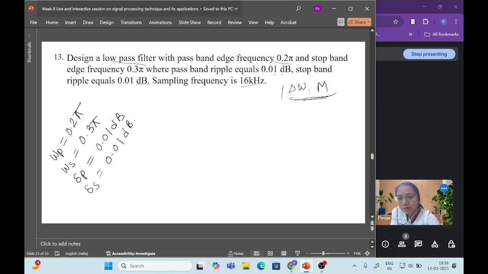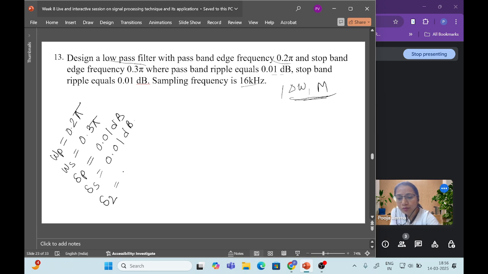Now we need to determine the peak of the stop band ripple, also called del 2 or del s. It is given in dB. We have to find it in another parameter.